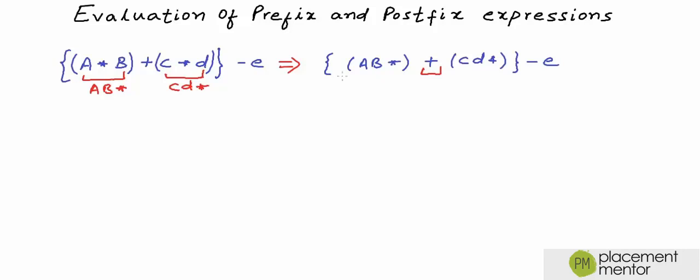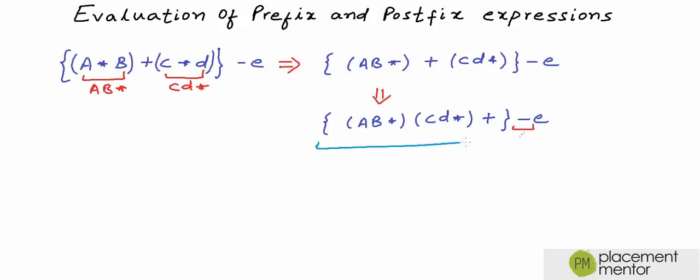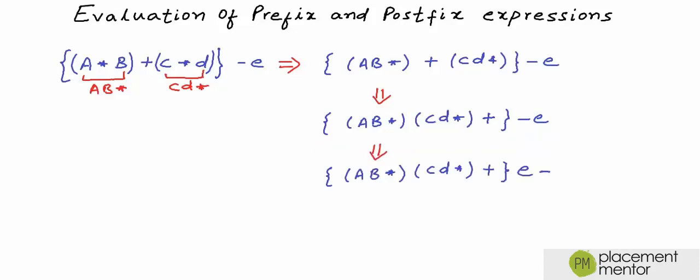The two operands are these two expressions in postfix, so I'm placing the plus operator after these two expressions. Finally, for this last operator, the operands are this complex expression and this variable e. So this is how we will look like after the transformation. Finally, when we are done with all the operators, we can get rid of all the parentheses.